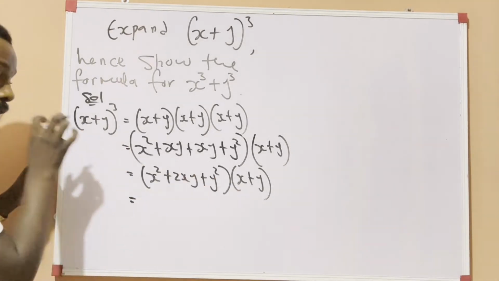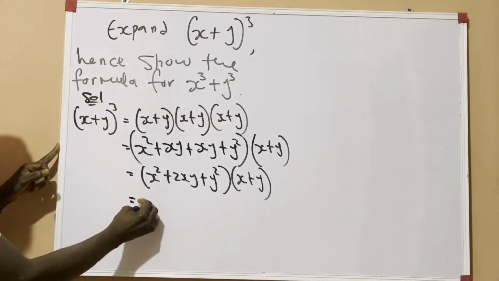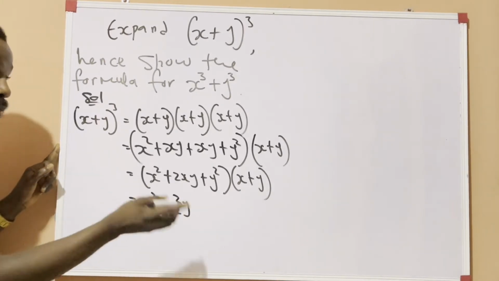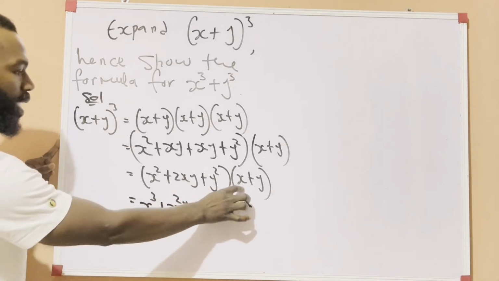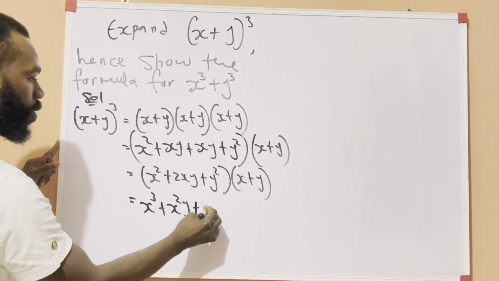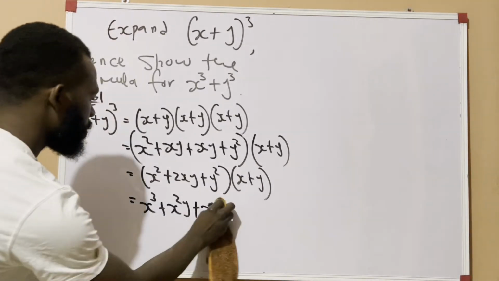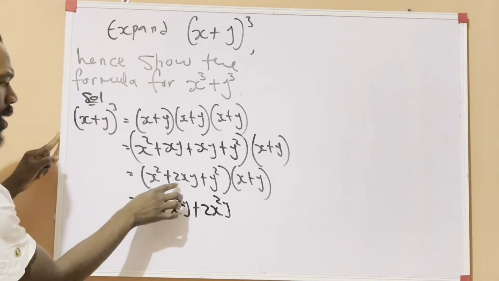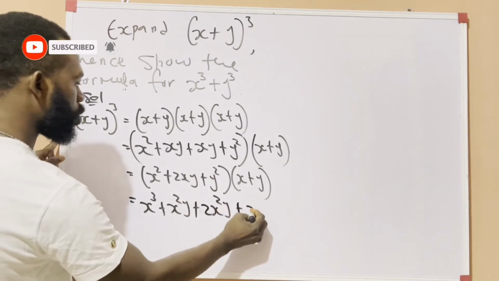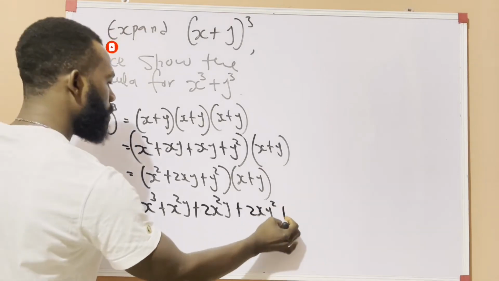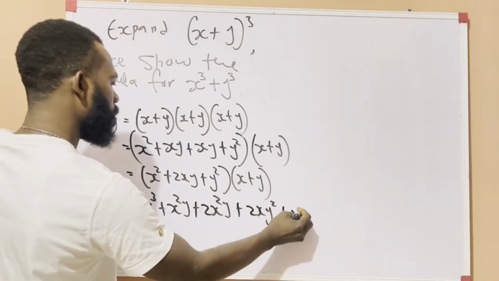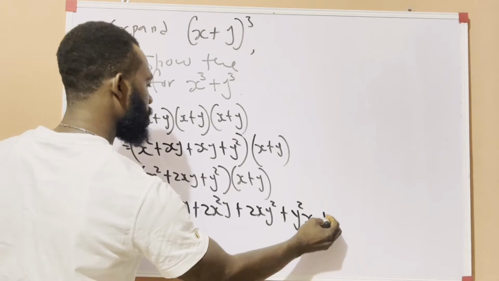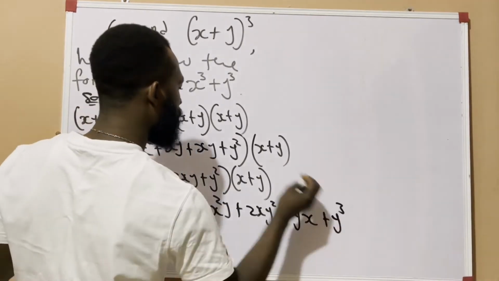Okay, x squared times x gives us x cubed, plus x squared times y gives us x squared y, then plus 2xy times x gives us 2x squared y, and plus 2xy times y gives us 2xy squared, plus y squared times x gives us y squared x or xy squared, any of it, and plus y squared times y gives us y cubed.